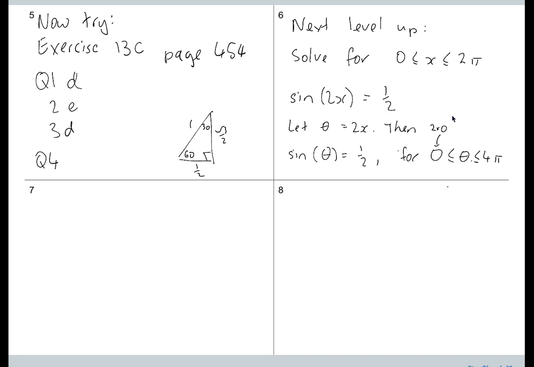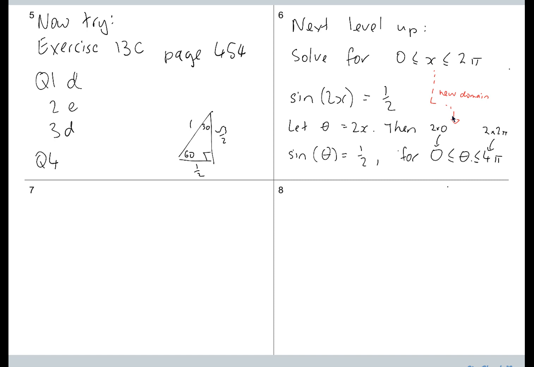So that's 2 times 0 because of the question start. That's what I started with. So I take the starting domain, and there's the new domain, right? The new domain or restricted domain is now between 0 and 4 pi because I've doubled the endpoints.